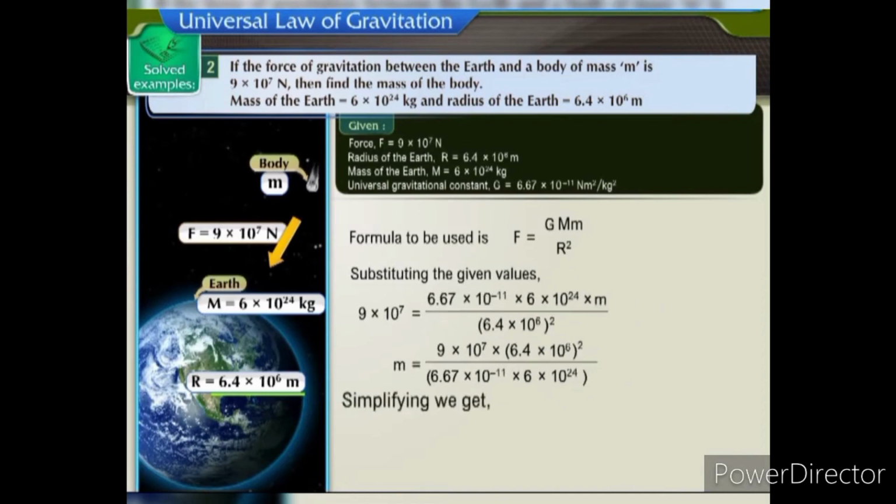Simplifying, we get m is equal to 9.2 into 10 raised to 6 kilogram. Hence, the mass of the body is m is equal to 9.2 into 10 raised to 6 kilogram.